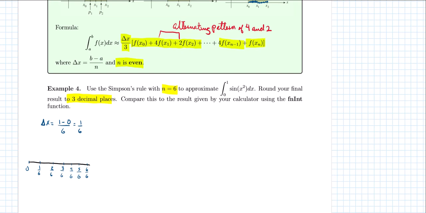And the reason that I'm keeping it like this is because I just want to remind myself that each of my subintervals has a width of delta x being 1/6.